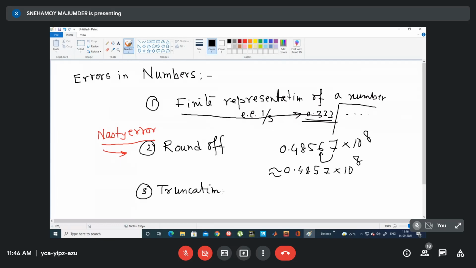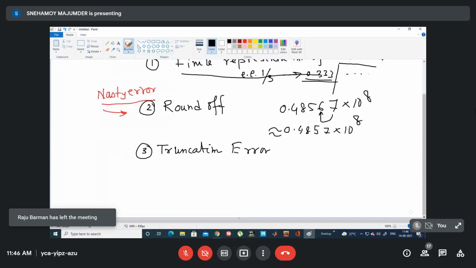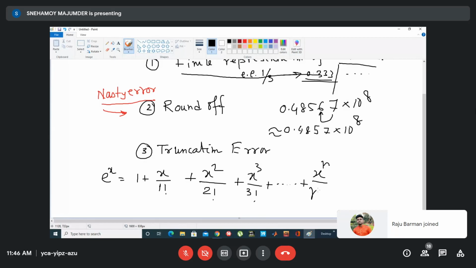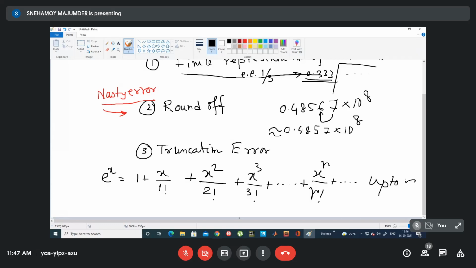Truncation error. What is that? Suppose you have an expression e to the power x. So it is 1 plus x by factorial 1 plus x squared by factorial 2 plus x cubed by factorial 3 plus ... plus x^r by factorial r plus ... up to infinity.